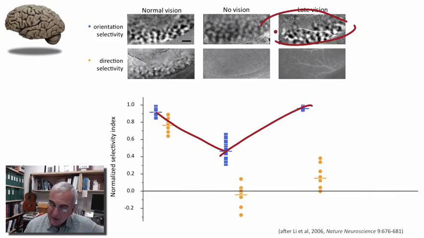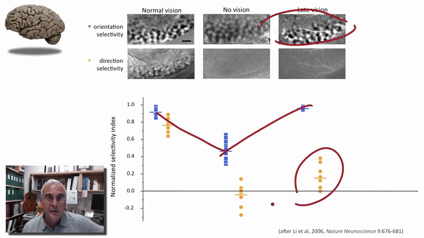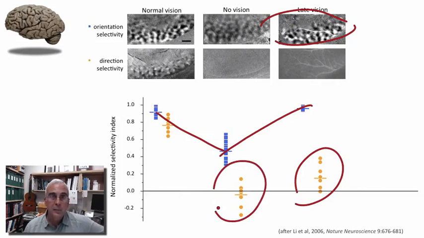However, the data that represented the development of direction selectivity really remained no different than those that were completely deprived throughout the developmental epoch. In fact, these data sets are no different from one another, and statistically speaking, not different from the comparison of maps taken from animals with no visual stimulus.